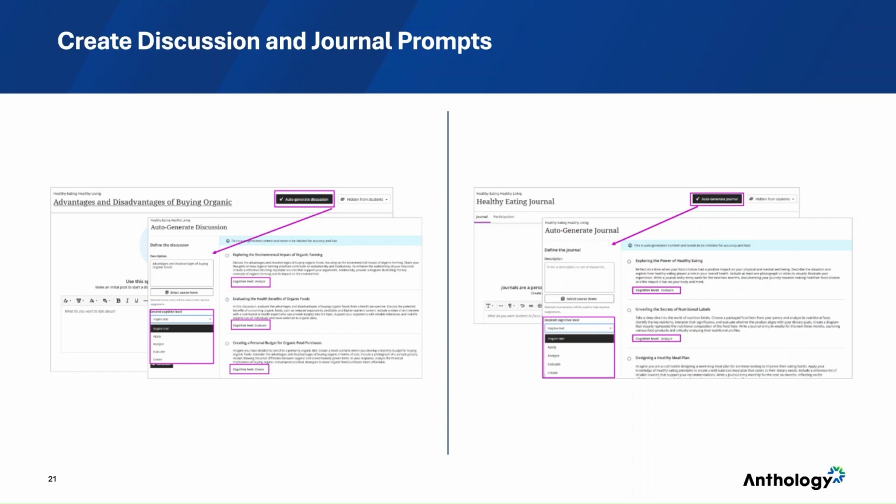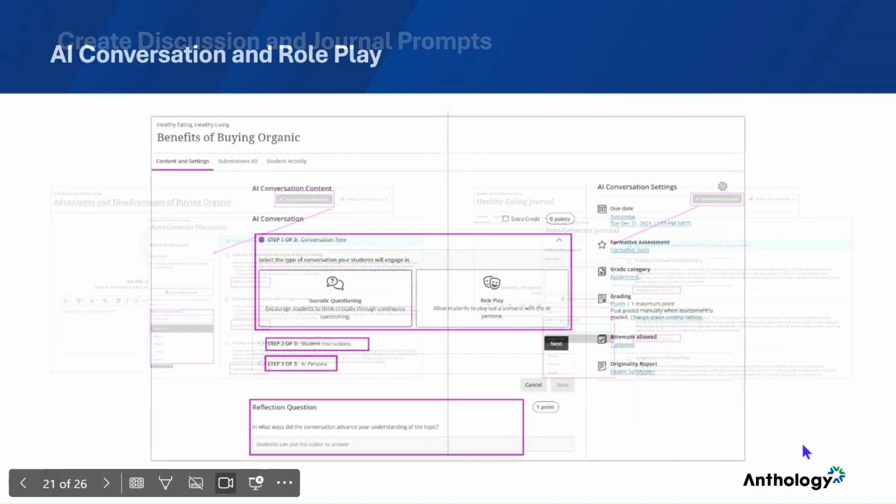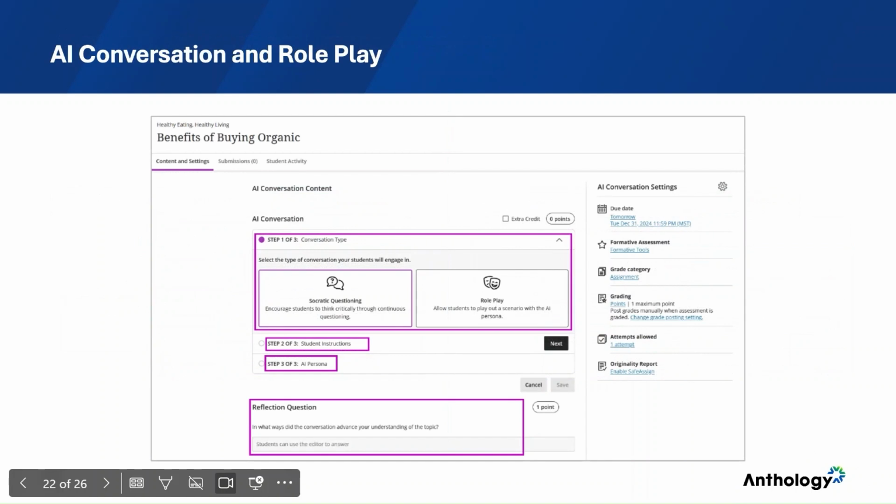Those are the assessment types that you already know in Blackboard. So we have covered assessments like assignments, tests, discussions, and journals, and how AI Assistant can help you with those. But what if I tell you that we have a new type of assessment in Blackboard using AI?